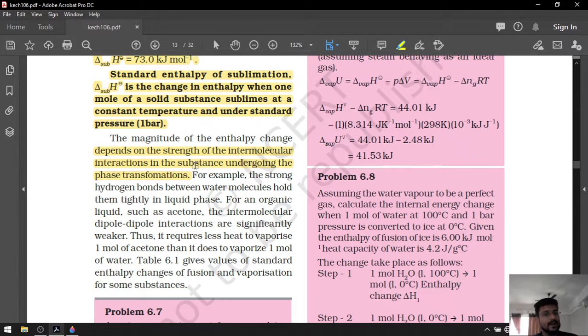So water will require more energy to convert into the vapor phase, whereas acetone requires less energy. The strong hydrogen bond between water molecules holds them tightly in the liquid phase. For an organic liquid such as acetone, the intermolecular dipole-dipole interactions are significantly weaker than hydrogen bonds. Thus, it requires less heat to vaporize 1 mole of acetone compared to 1 mole of water.